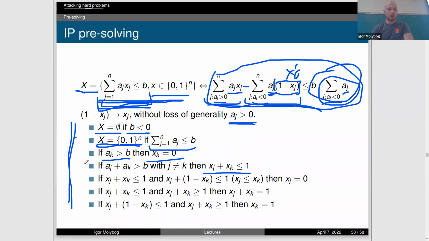So this is how we can generalize this line of thought. If xj plus xk is less than or equal to 1, and xj plus 1 minus xk is less than or equal to 1, which is equivalent to saying that xj is less than or equal to xk, then xj must be equal to 0.